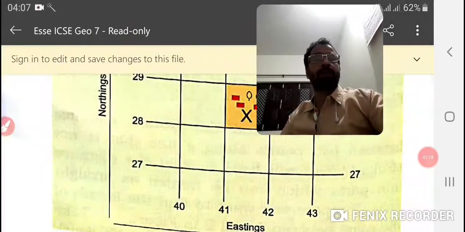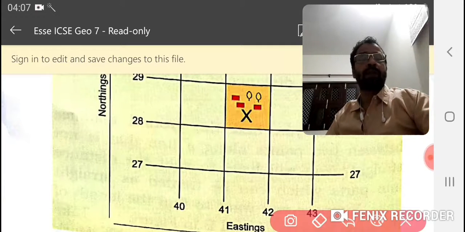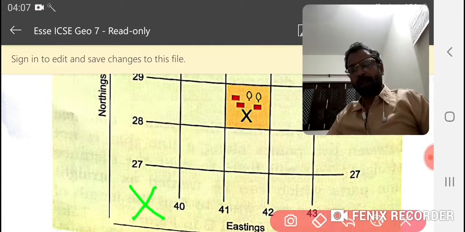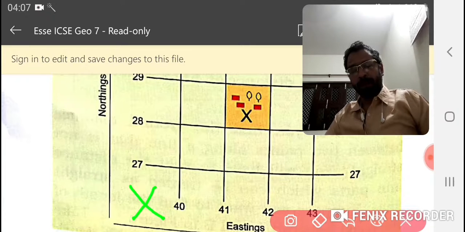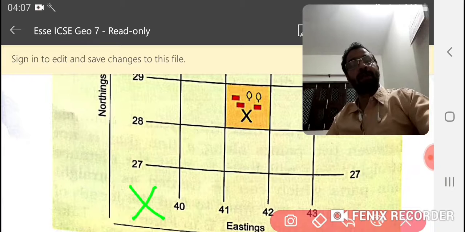Now let me show you left hand side bottom, this side. This side we are taking for marking the line, starting the line. So, here you can see bottom side, this line vertical.